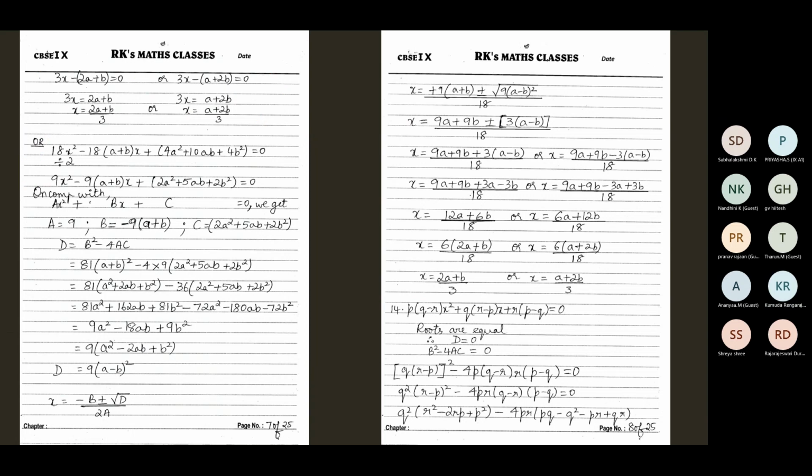The fourteenth one is exceptionally important.